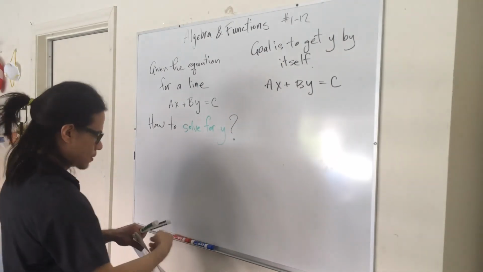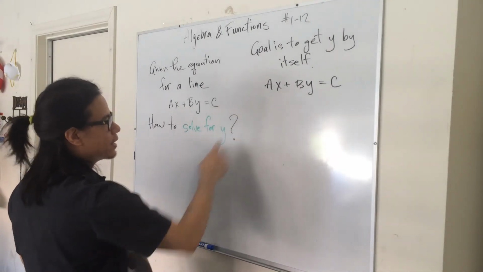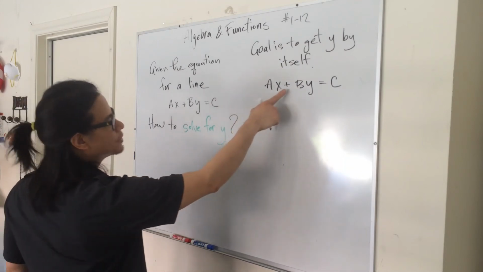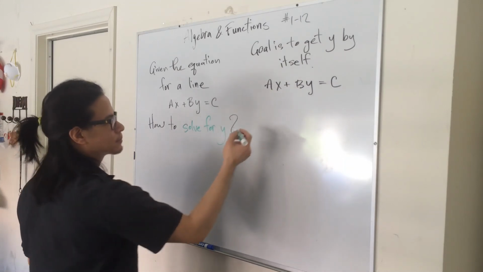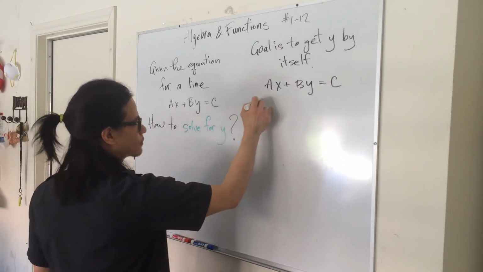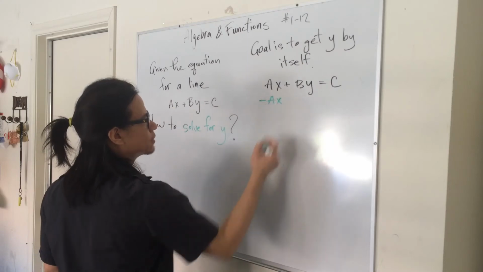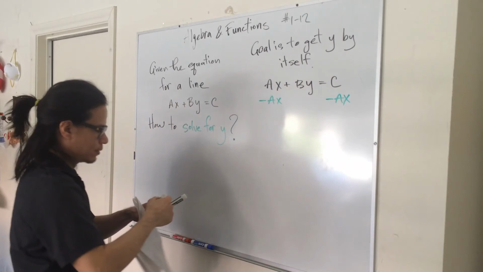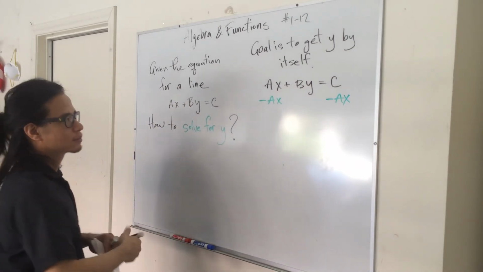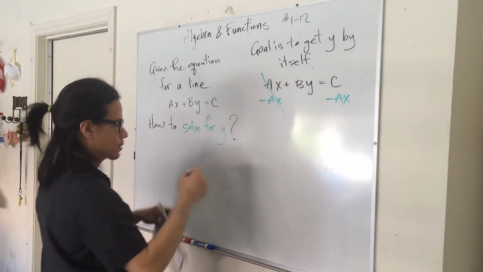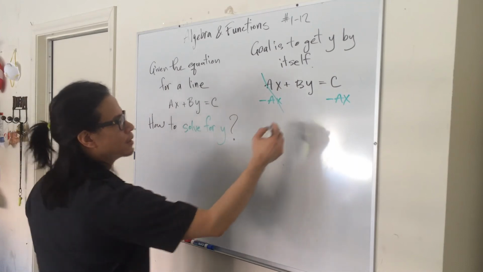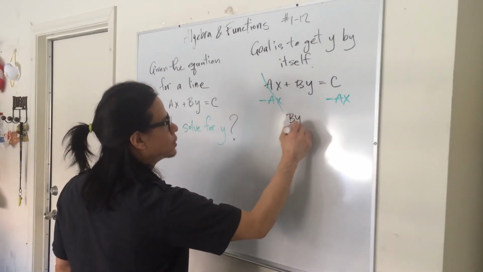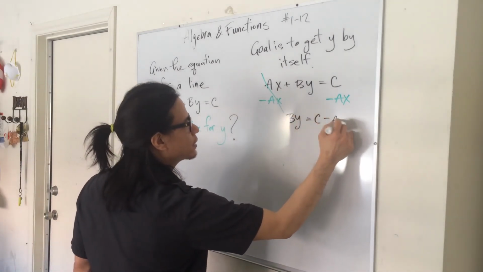So here you have by plus ax. What's the opposite of plus ax? Okay, let's subtract it away. So subtract ax on both sides. Ax cancels out there. So what you have is by equals c minus ax.